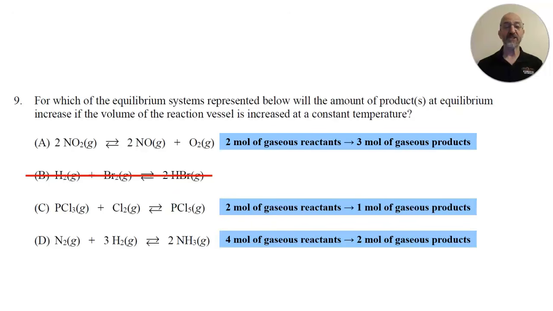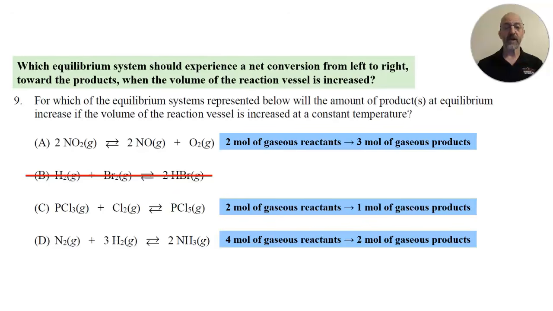We need to get a shift from left to right in order to increase the amount of product, and then we also are increasing the volume of the reaction vessel. So which equilibrium system should experience a net conversion from left to right toward the products when the volume of the reaction vessel is increased?